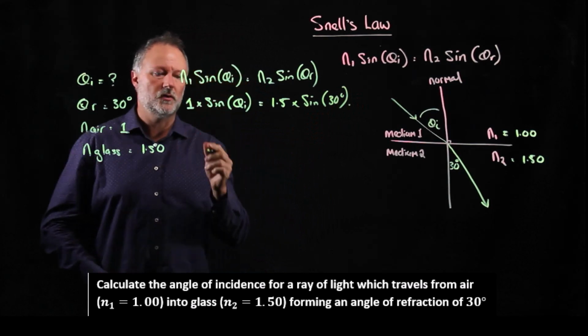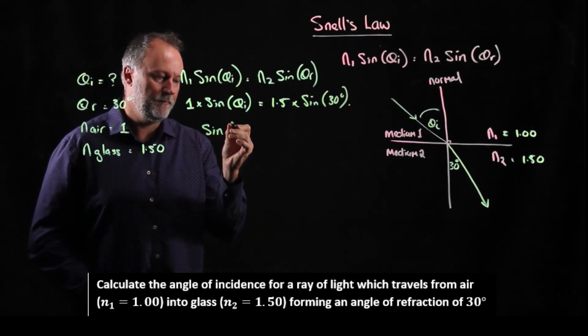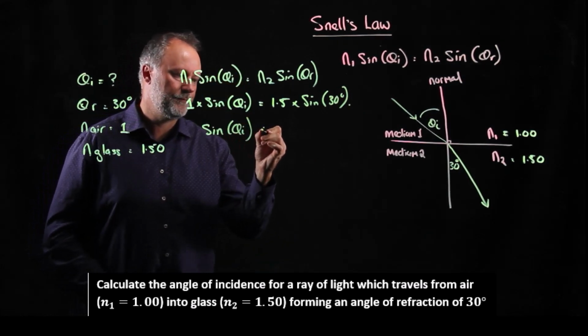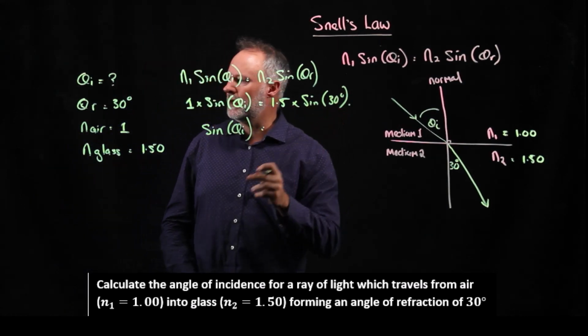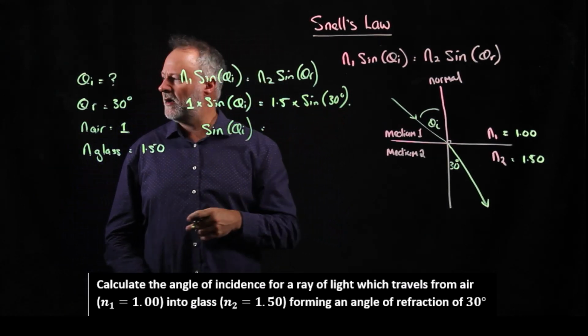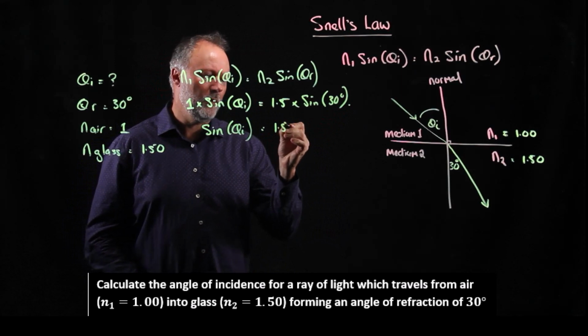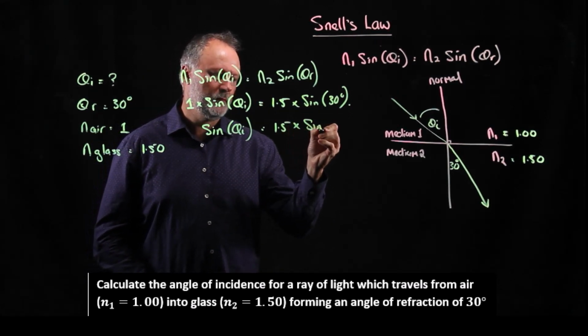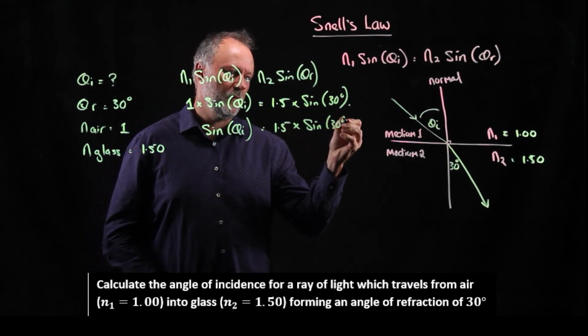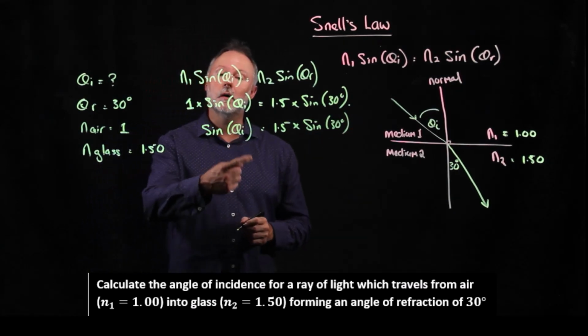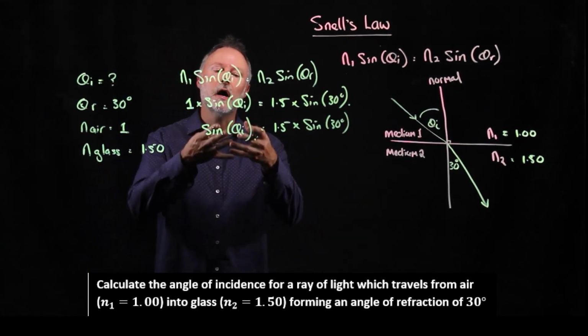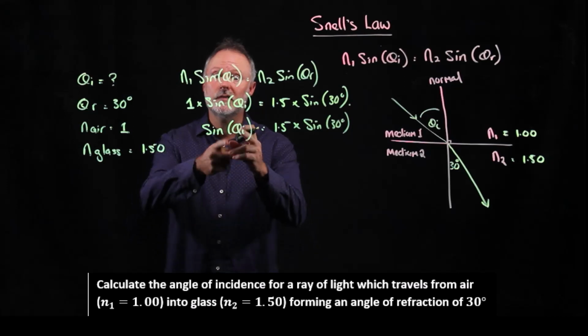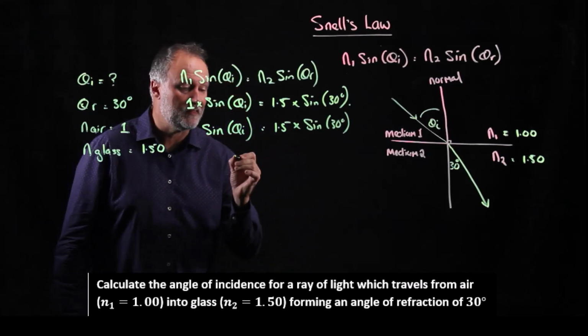Now, 1 times something just leaves us with the sine of the angle of incidence, equals 1.5 times sine of 30. Now, sine of 30 actually gives us a half, but let's leave that as it is. I want the angle by itself. At the moment, we've got the sine of the angle of incidence. To get the angle of incidence by itself, I need to take the inverse sine.